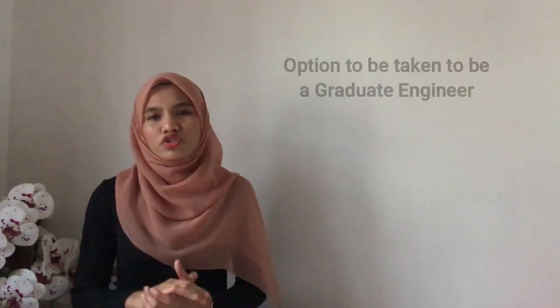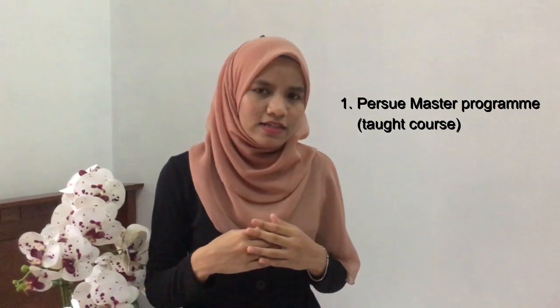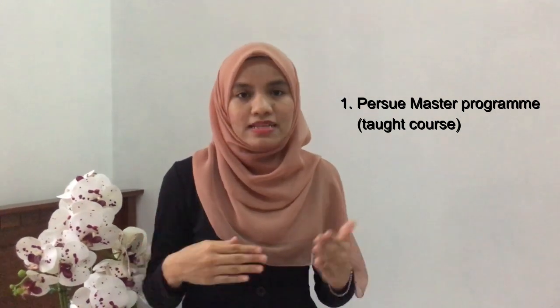There are 2 options to become a graduate engineer. Firstly, pursuing a master program taught course. He or she can complete a master program that is related to the engineering disciplines. Subjects taken in the master program must enhance the subjects taken in the Bachelor of Engineering (Hons).